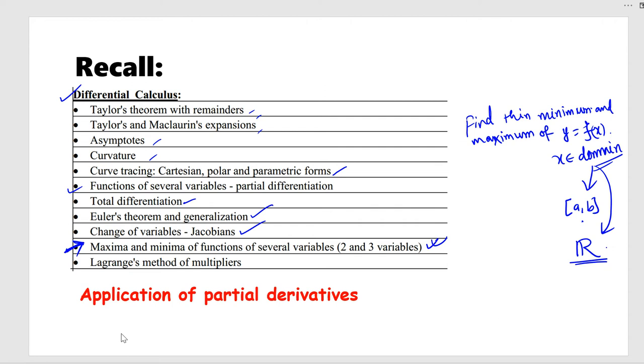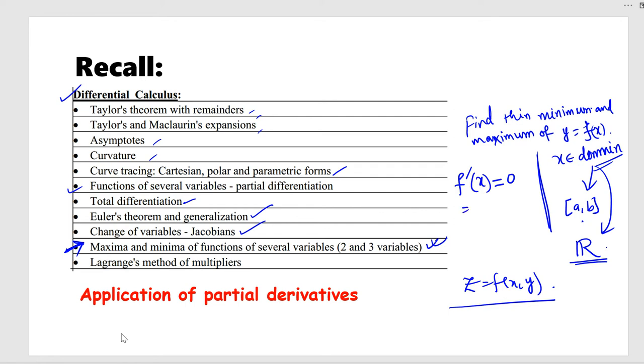Now what will happen if we have z equals f of x comma y? If this is a single variable function, then we have seen how we calculate the derivative. First we calculate the derivative and we make it 0.